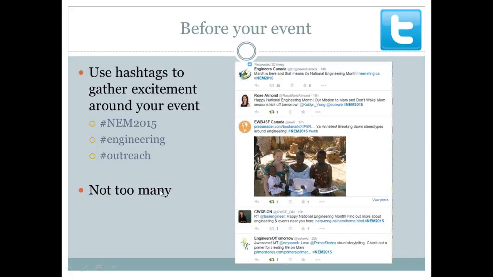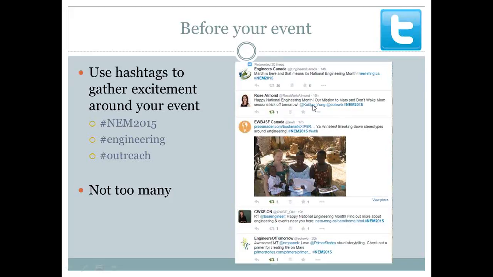When you're putting hashtags into your post as you're posting things, we recommend no more than two, maybe three hashtags per post. Otherwise, it just ends up getting a little bit gummed up. And as you can see, you can also tag people's accounts. So Rose, in this case, has added Caitlin and Engineers of Tomorrow, EWB, in her post.